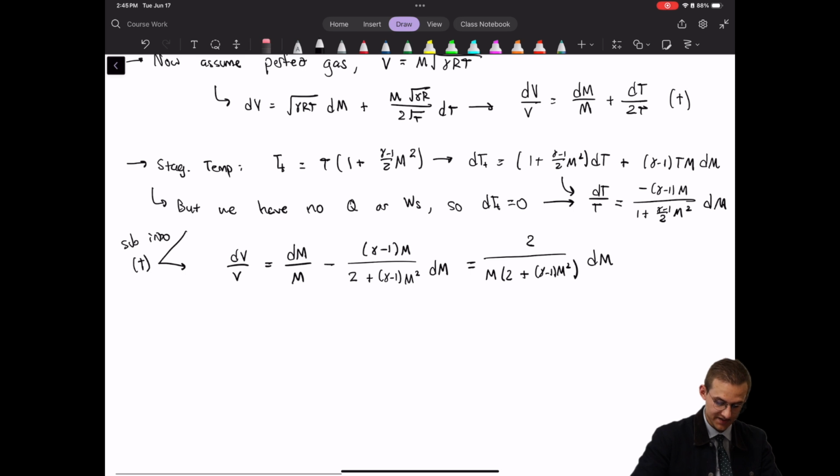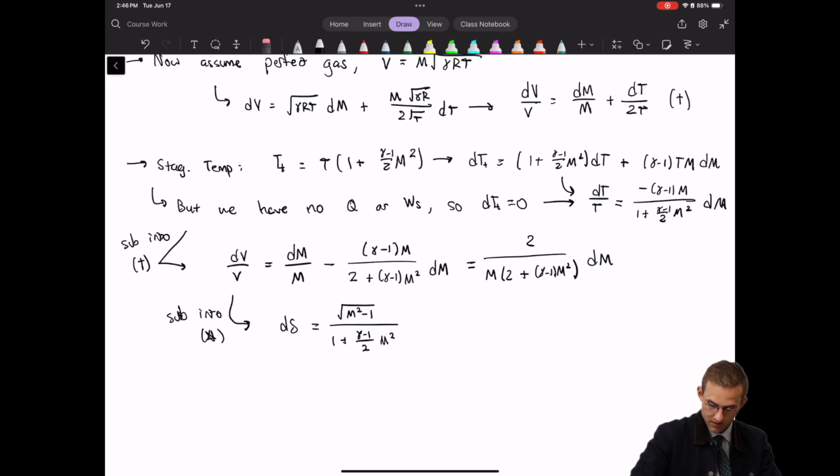Then we sub that dV over V into star, and what we get is d delta is equal to the square root of M squared minus 1 divided by 1 plus gamma minus 1 over 2 M squared, dM over M.